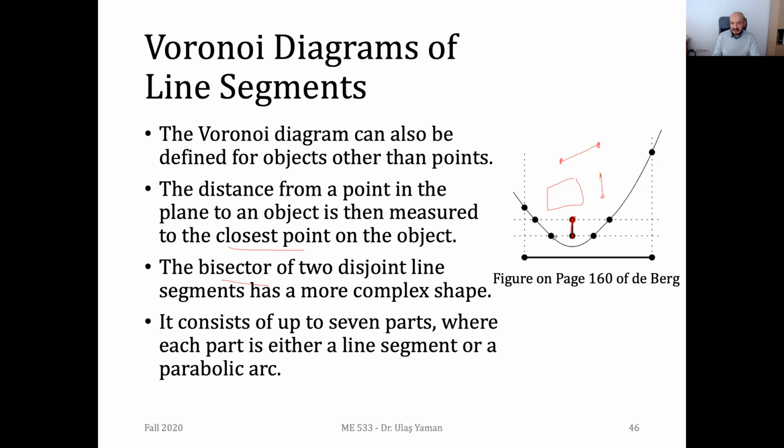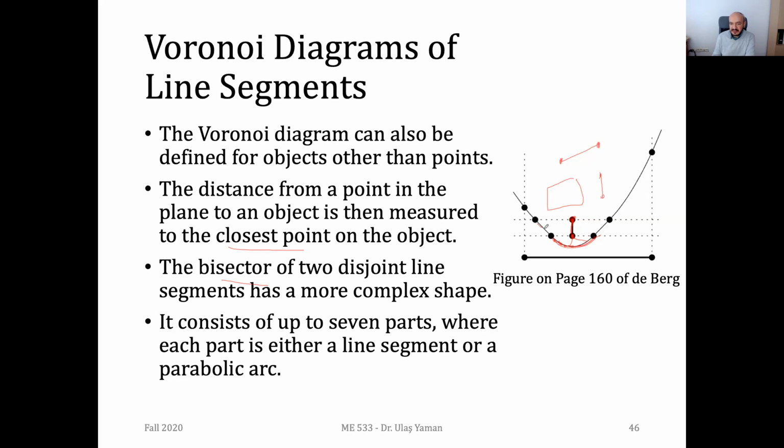Let's focus on here. This is the closest point for all these points on this portion of the arc, right? So any point underneath this region is closer to the end of this line segment than to other points on this line. That's why we consider it a single Voronoi site, and draw a similar arc as we have done for the point type of Voronoi sites.